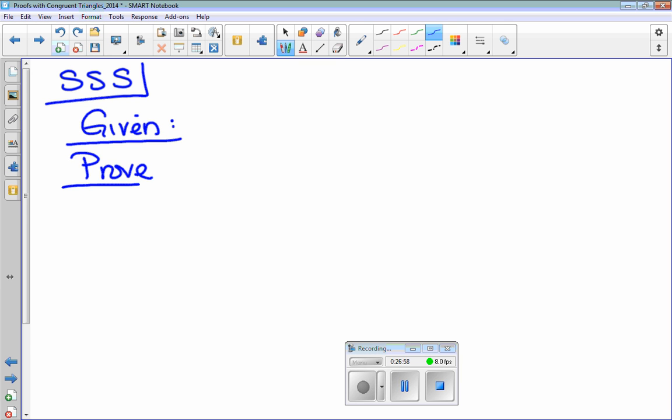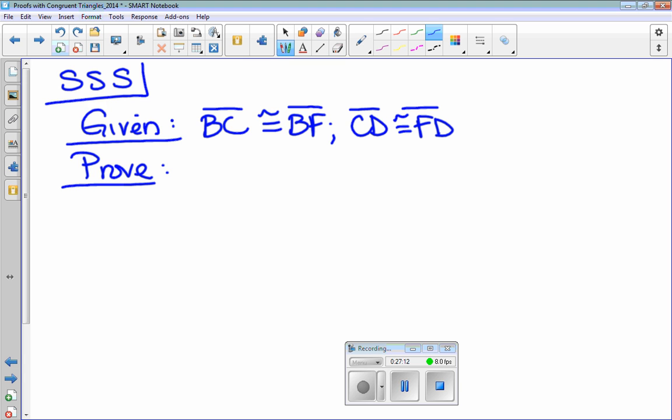So I'm going to give you each of that information. Here we're given that BC is congruent to BF, and that CD is congruent to FD. We're asked to prove triangle BCD is congruent to triangle BFD.